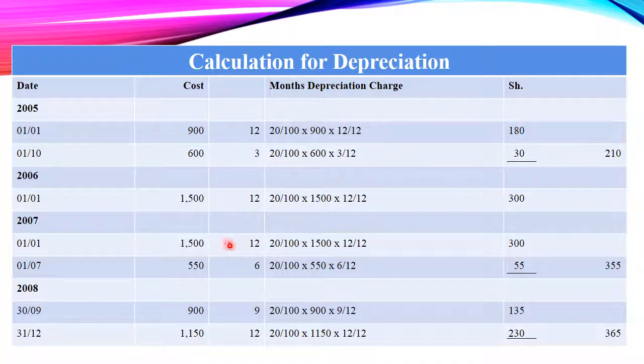For the 3 years, it will have accumulated a depreciation of shillings 540. Adding that to the depreciation that the asset will have accumulated in the last year, which is 2008, of 135, we get the total depreciation accumulated by the asset as 675. We are going to see where that figure will be applicable.